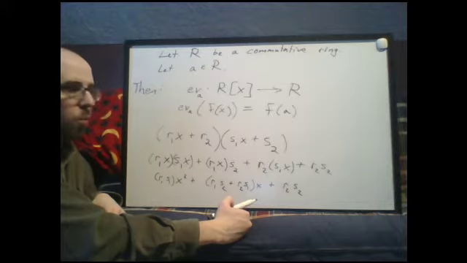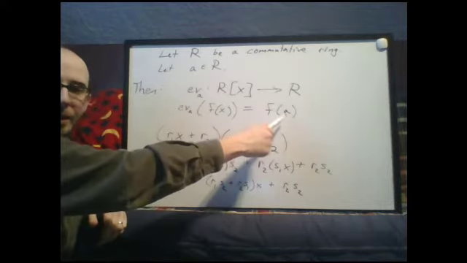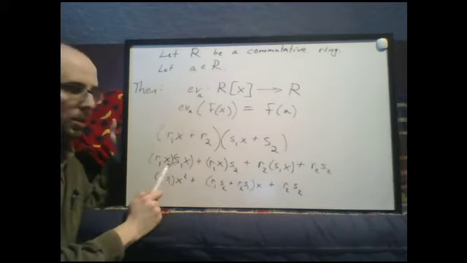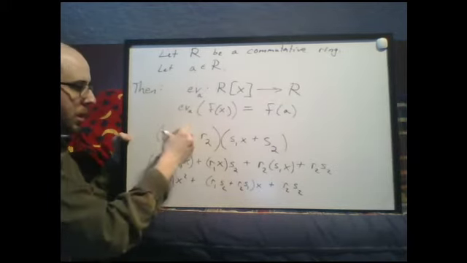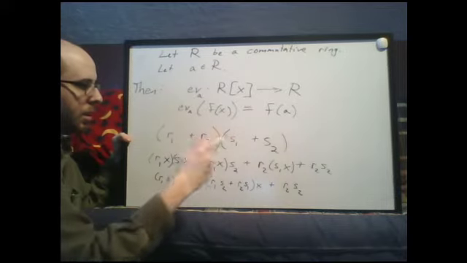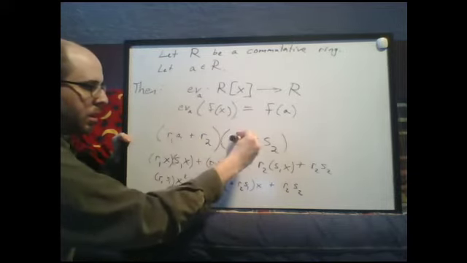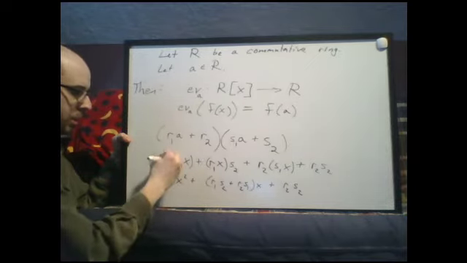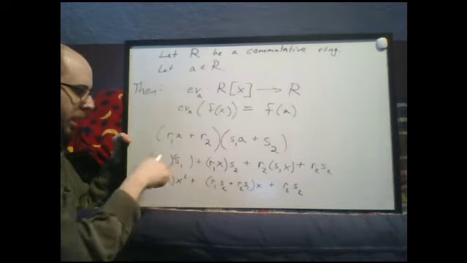Now, what happens if I plug in a value for x? If I plug in a, well, now it's no longer a formal variable x. It becomes an a. And so in my expansion here, let me replace all my x's with a's.